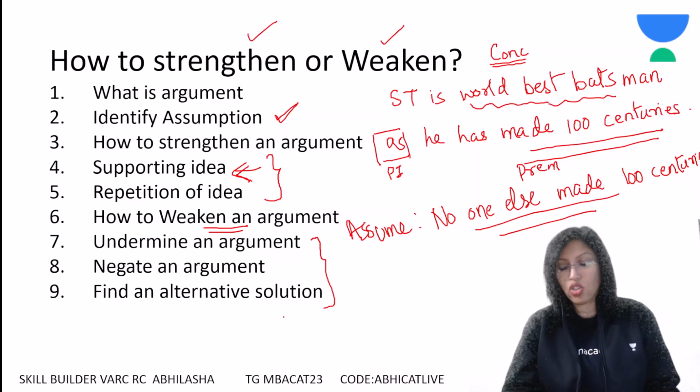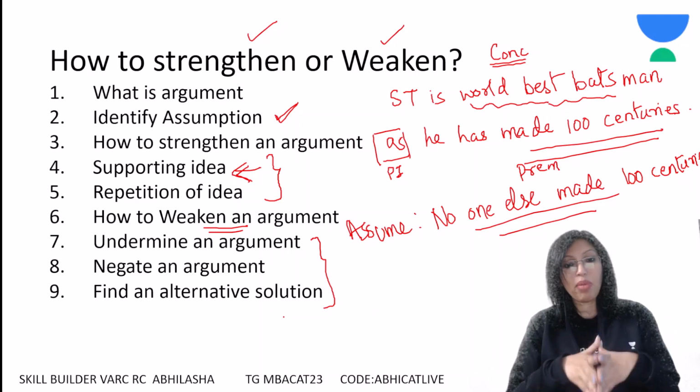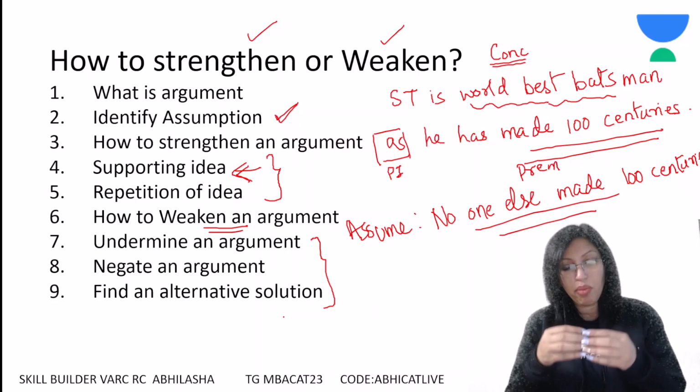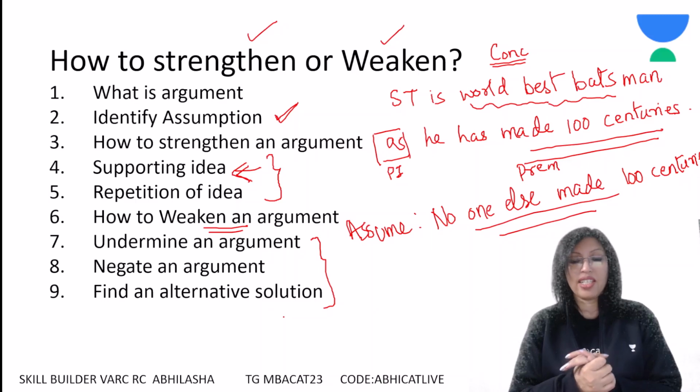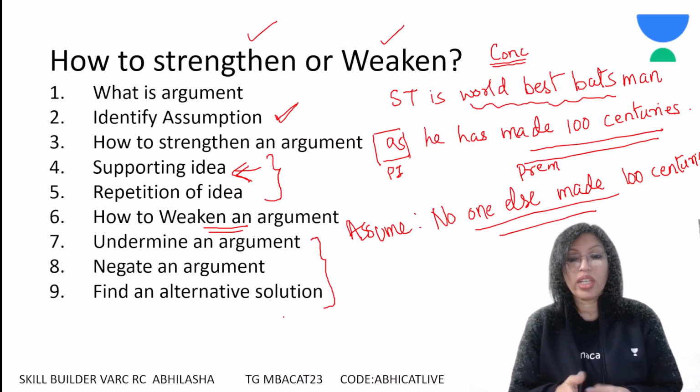So when you're strengthening or weakening, guys, remember that this question is actually based on assumption. If you are able to understand what the writer has assumed, what the writer has thought to be true, then you will be able to solve this question in a very easy manner. Okay, so it's very, very important that you understand all of this.